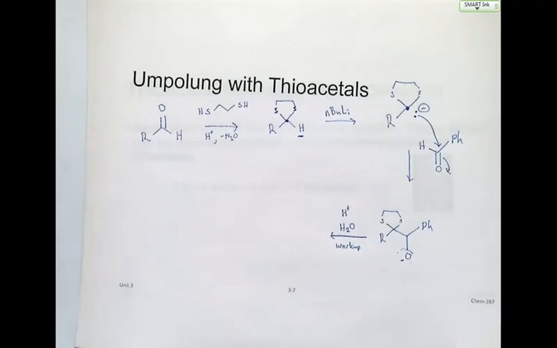What will the thioacetal become when I remove the thiol? It'll become a carbonyl again, what it came from. So we're just reversing that process through the addition of water. So you protonate the sulfur, the bond breaks, water attacks, and ultimately you get a carbonyl back.